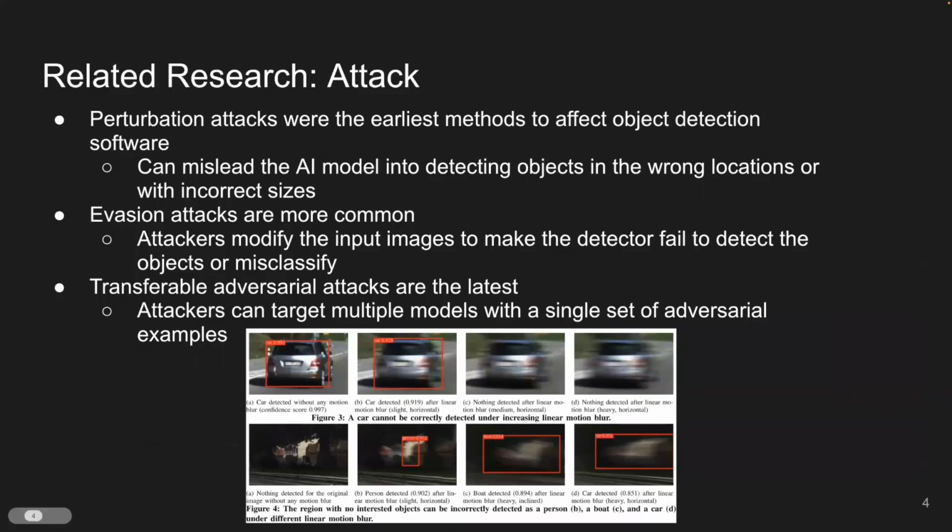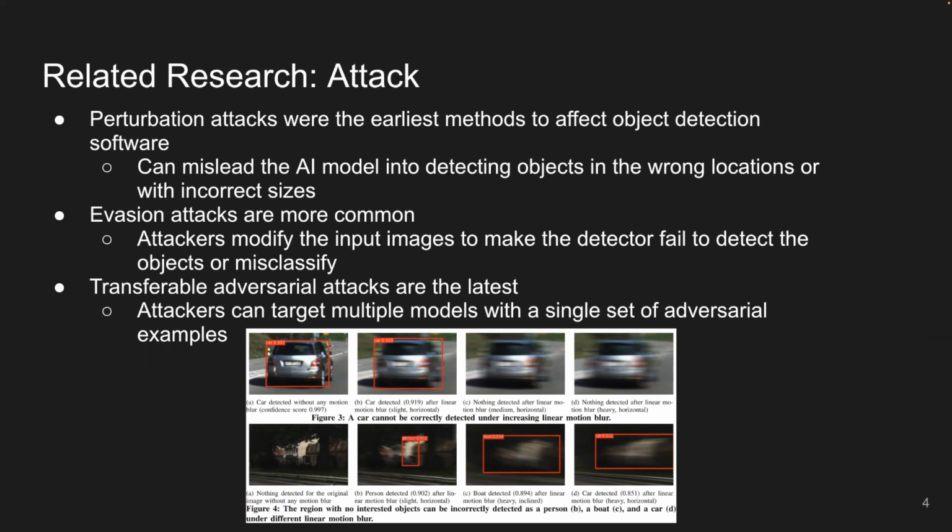So one of the most common types of adversarial attacks on object detection is perturbation attacks. This is where attackers can inject varying frequencies of noise into the input image right before inference to deceive the object detector. Many studies have explored different methods to generate perturbations, such as fast gradient sign method, projected gradient descent, and Carlini and Wagner attacks.